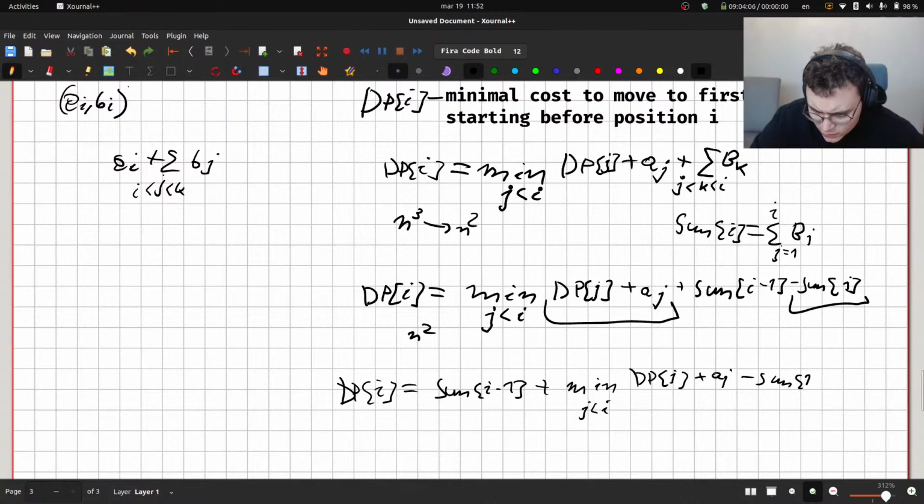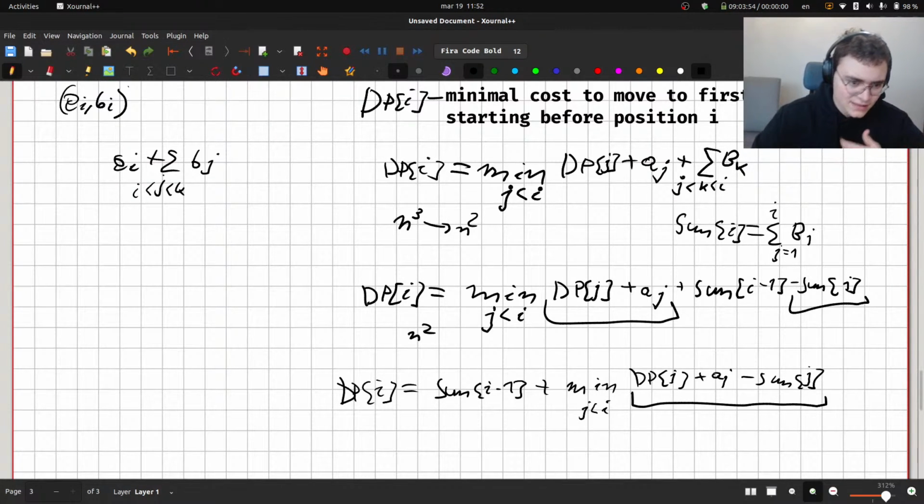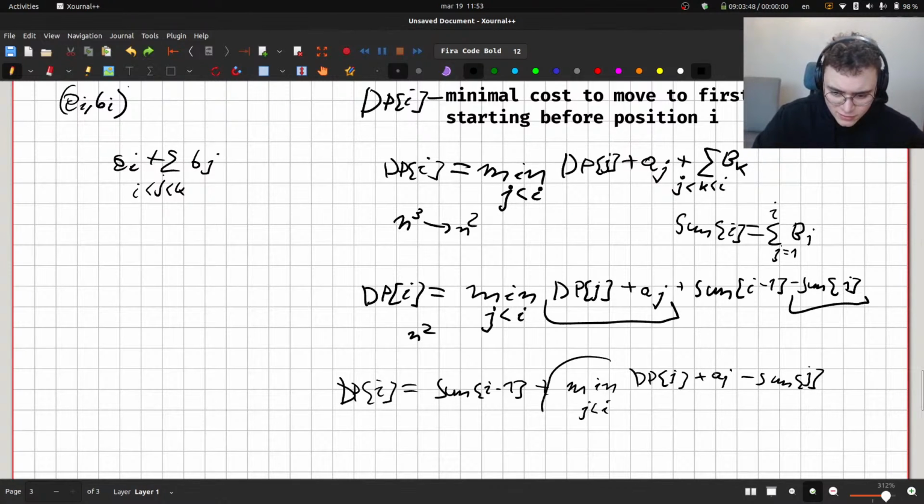When we calculate some dp, we keep a variable that tells us the smallest possible value of this that we already encountered. And when we are calculating some dp, we know this value, so we can easily calculate it.